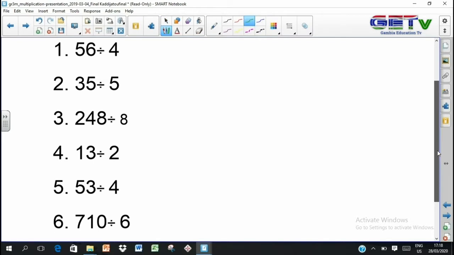That is question 4. 13 divided by 2, using the long division. This means how many 2s are in 13?